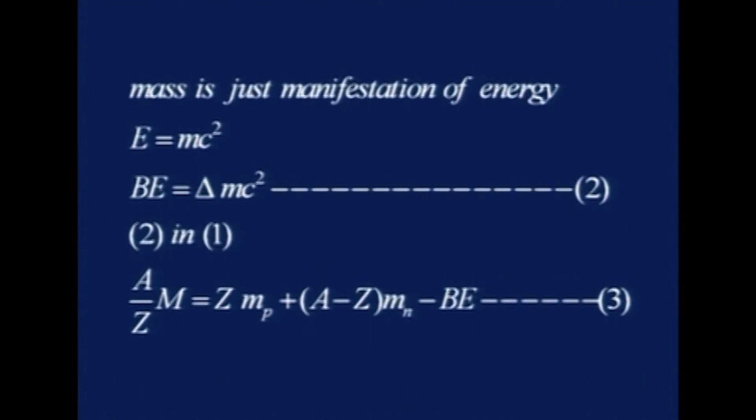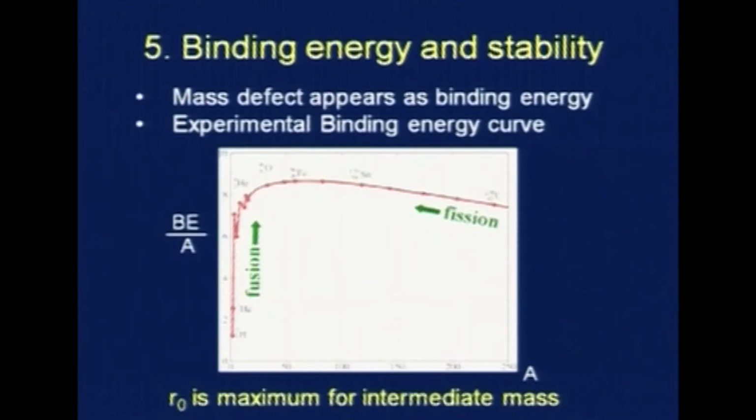In this equation, you may wonder, the left side is mass, Z is a mere number, this is mass, A minus Z is a mere number, Mn is mass, this is energy. In an equation I can't put energy and mass together. Therefore, the masses are expressed in energy and we get energy. So, on the left hand side it is energy, right hand side is also energy. Therefore, the equation is valid.